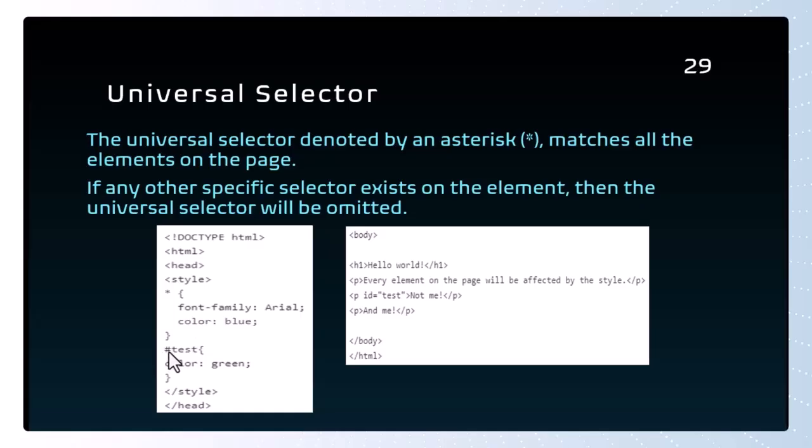And then we have the number sign test. So that is the ID test over here. And so it is not going to set the universal selectors on that. It's going to set it to green.